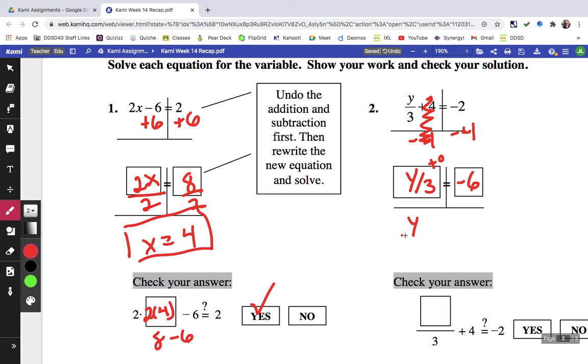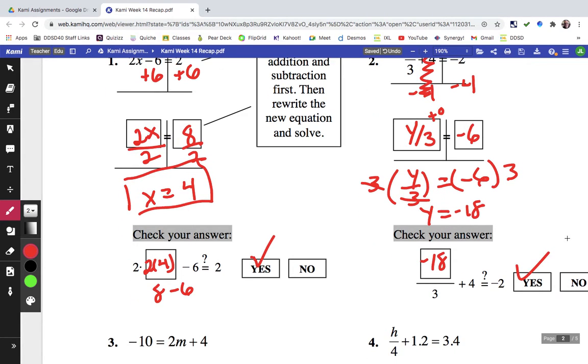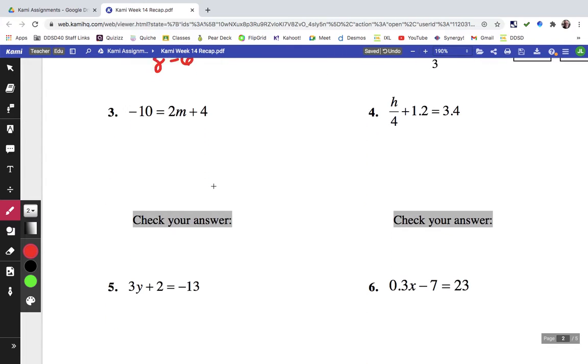And then we're going to do negative 6 times 3 because negative 6 is the result after this unknown number is divided by 3, so we want to multiply it by 3, canceling that out, and y is equal to negative 18. And if we put negative 18 in here, divided by 3 is 6. Negative 6 and 4 is negative 2, so yes, we got that one.